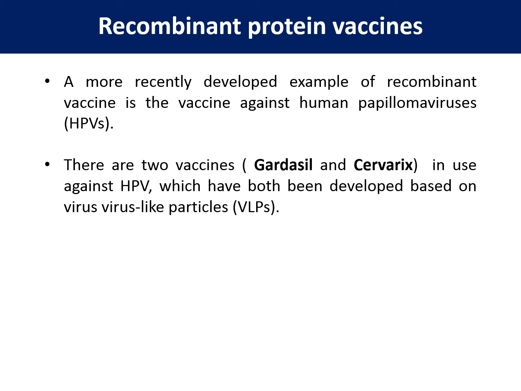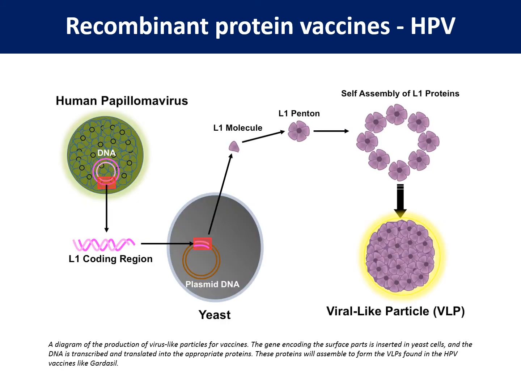Here, it is still produced based on recombinant protein, but they form a virus-like particle morphology for this particular vaccine. So this is a general representative diagram of how the HPV vaccine is produced.